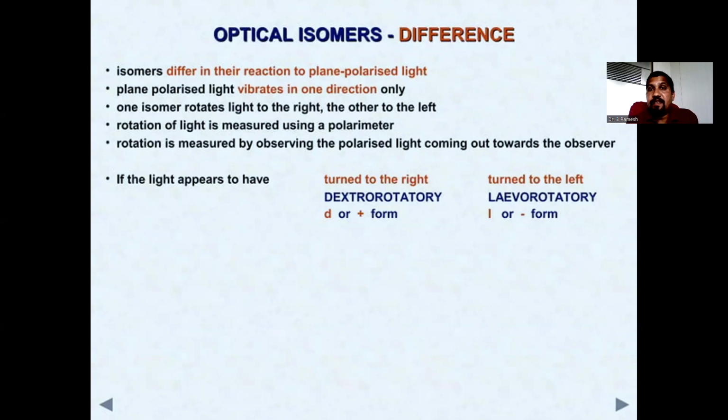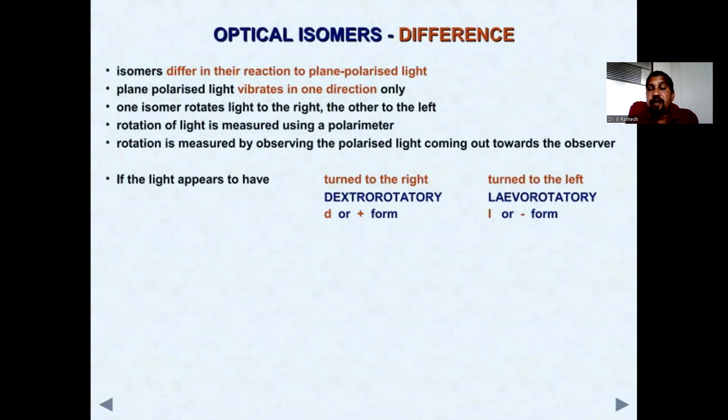Based on that, we classify optical isomerism into two categories: the D form and the L form. A polarimeter is an instrument used to identify whether a compound is optically active or not.